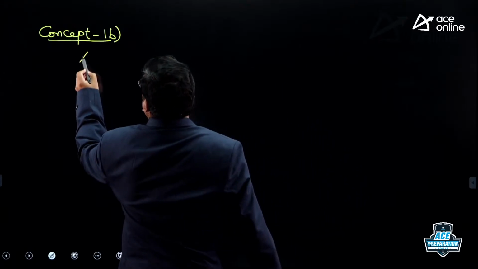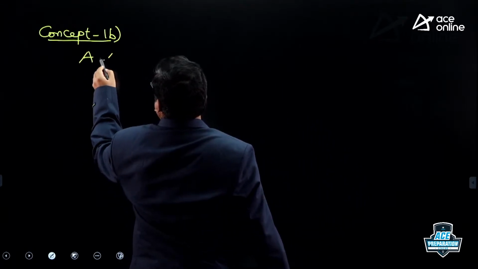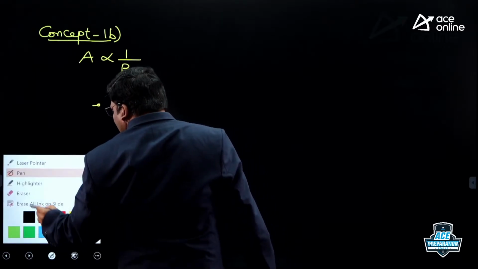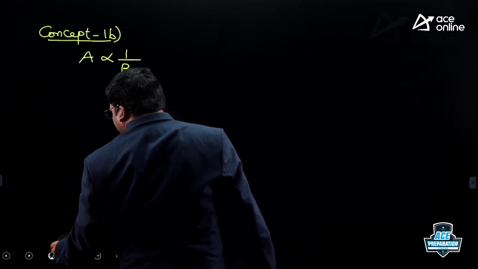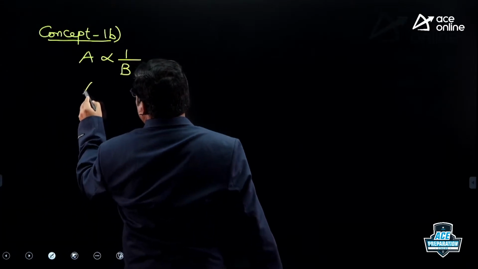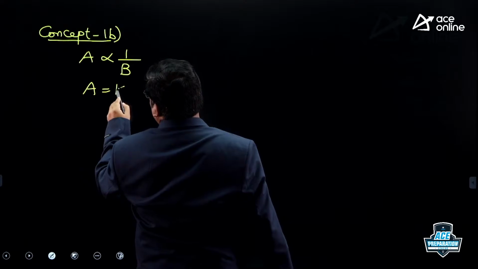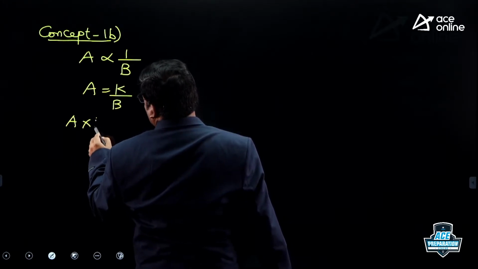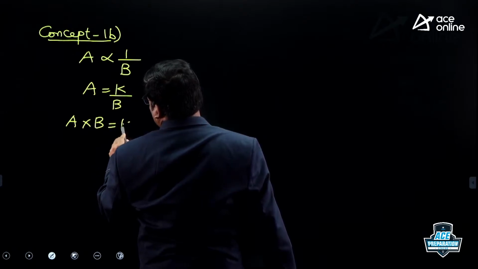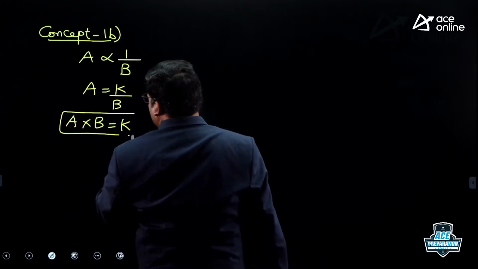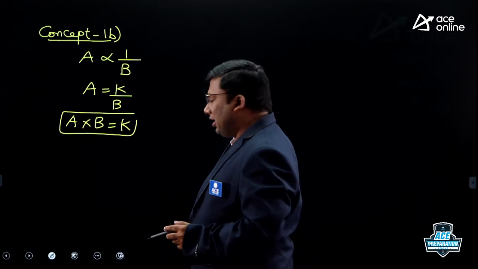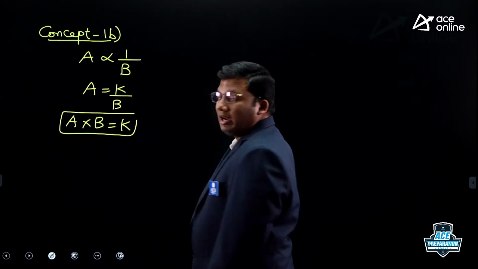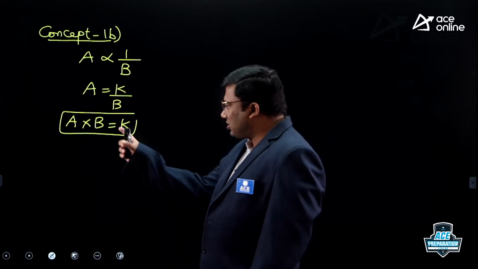Here, A and B are inversely proportional. If A and B are inversely proportional, A is equivalent to K by B. A into B is equivalent to K. If they are inversely proportional, that means which one will be constant?